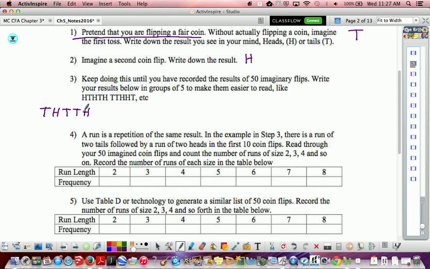I want you to have your own separate results of 50. Because if you just use my answer, then my answer is going to cause a little bit of bias. You can't have that bias, that would be bad.